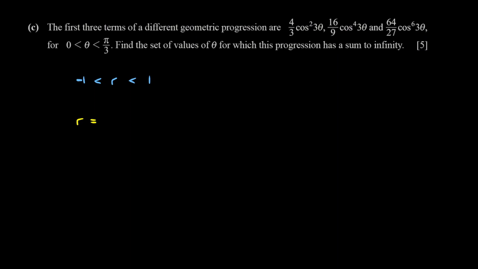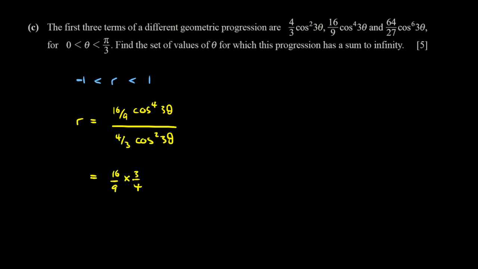If I do that, I'm going to get 16/9 cos^4 3θ, and I'm going to divide that through by 4/3 cos^2 3θ. If I cancel off, I get 16/9 divided by 4/3, which is the same as timesing by 3/4.